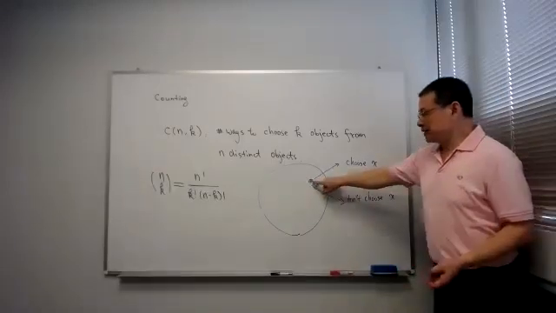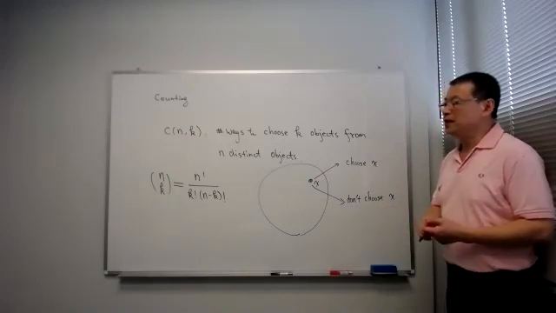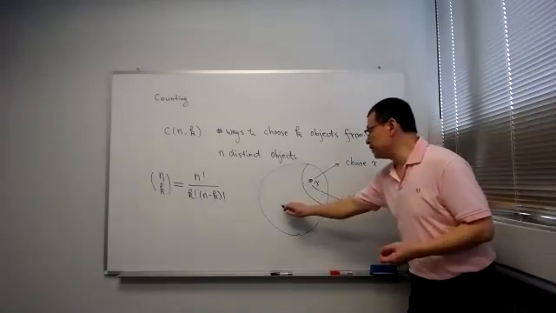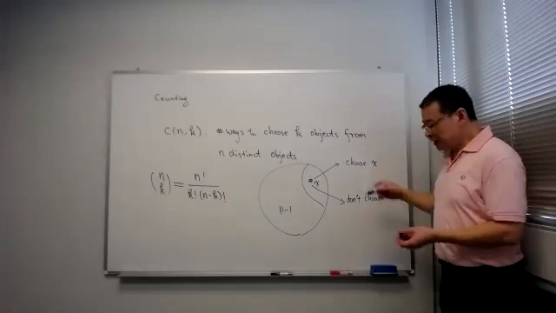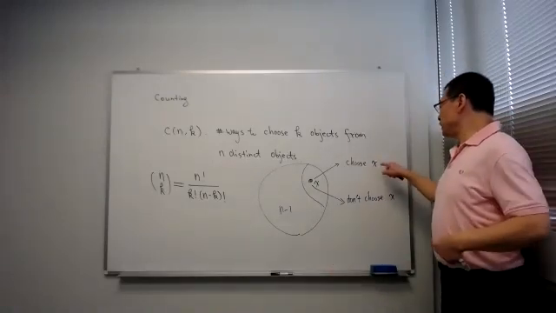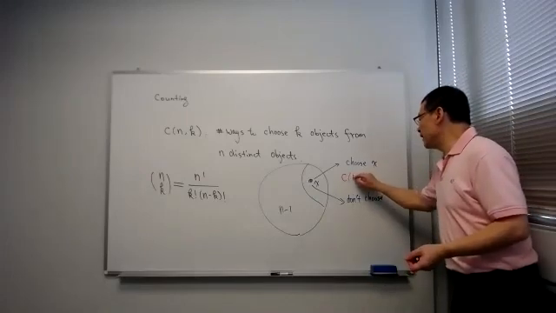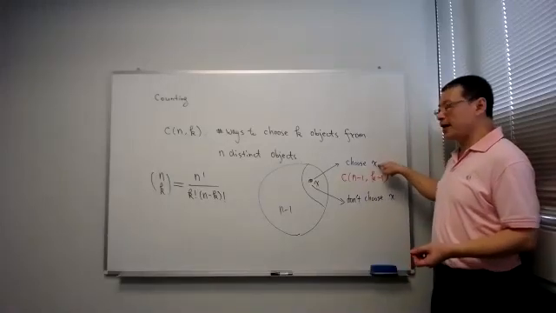If we choose this particular element, the remaining problem is to choose k minus 1 objects from the rest, so here n minus 1 objects. So if we choose this one, the number of different ways, once we choose this x, will be C(n minus 1, k minus 1). So we choose x already.